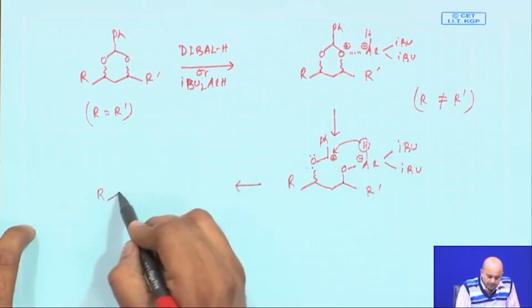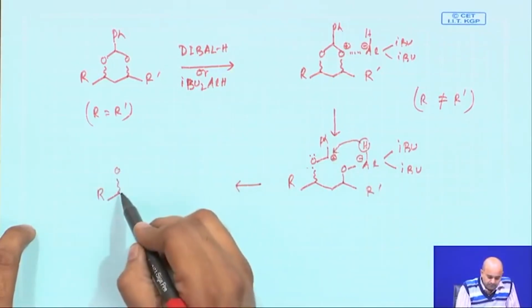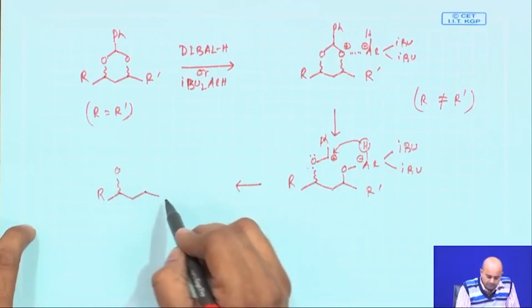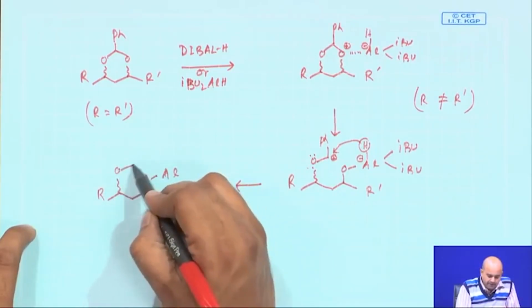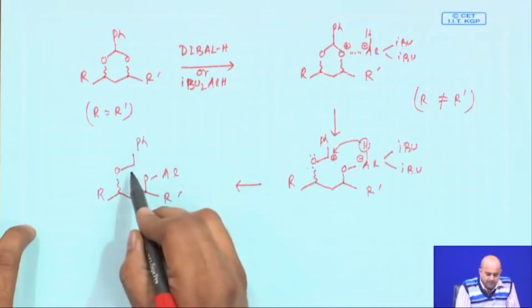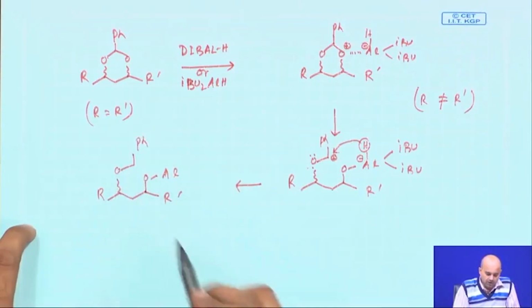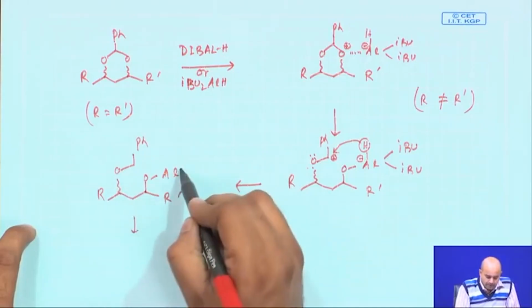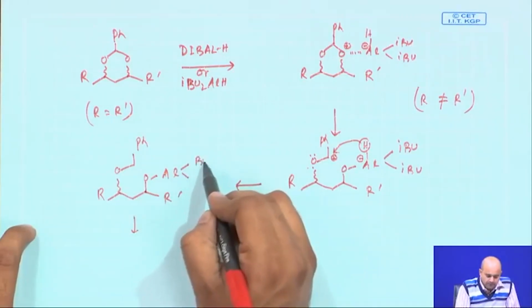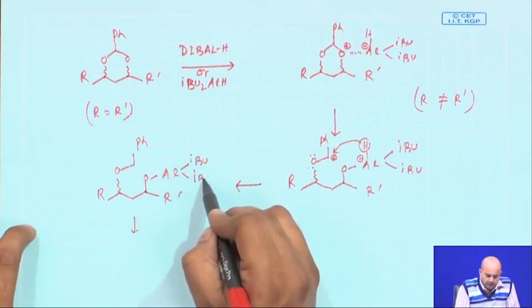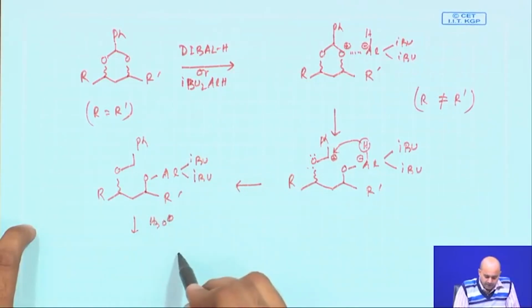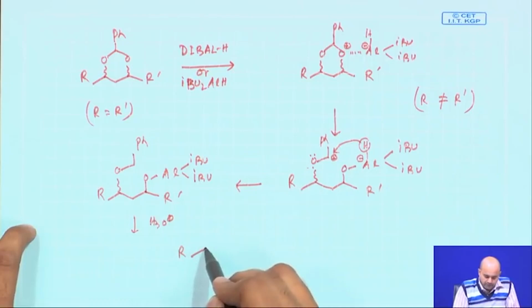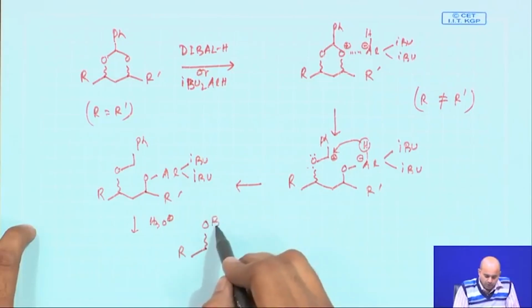and now you see you are basically getting a benzyl derivative of one of the alcohols, and now you simply clip this aluminum-oxygen bond by some hydrolysis, and then you will end up with OBn.